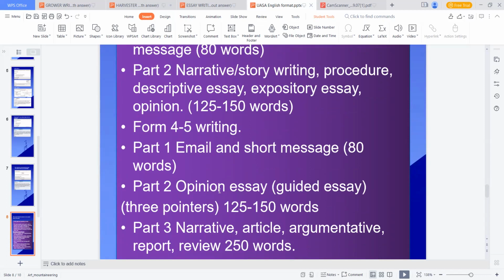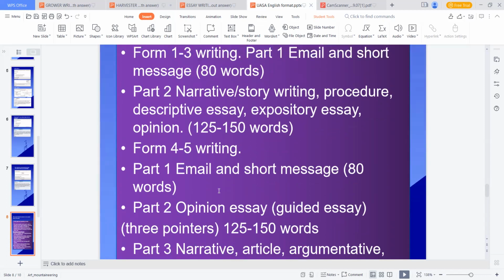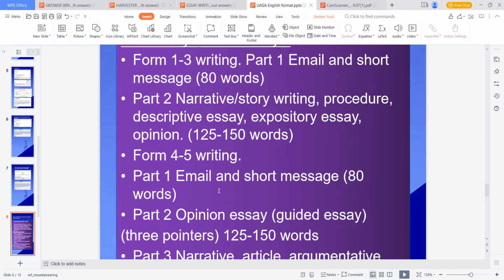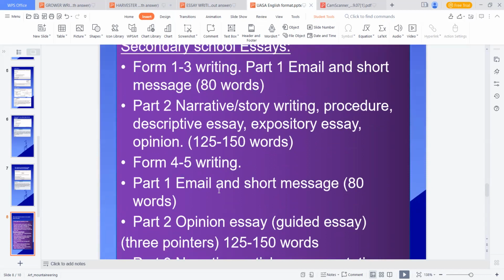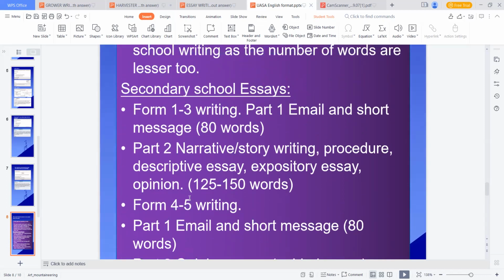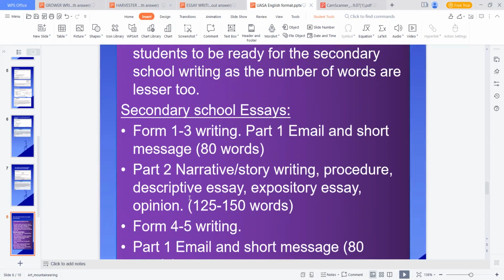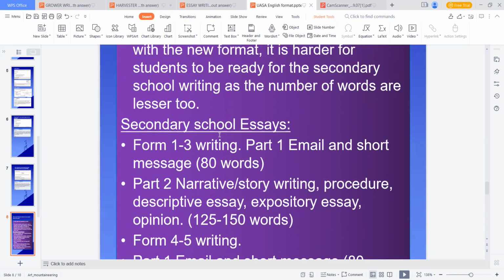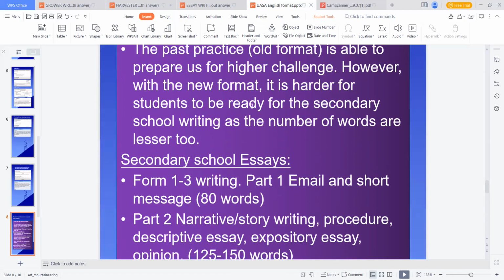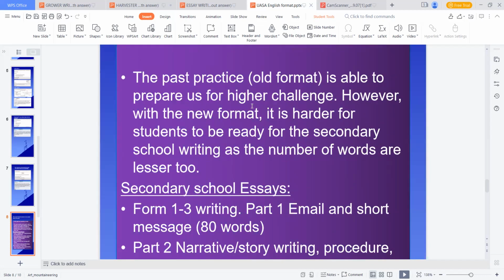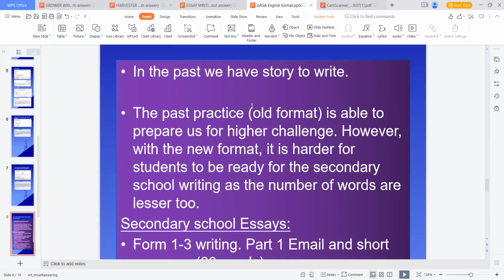So by looking at this, right now, when they shift to the UASA format, it seems harder for students to tackle story writing if story writing skill is not properly trained. So for the new format, it's much easier for students, I will say.